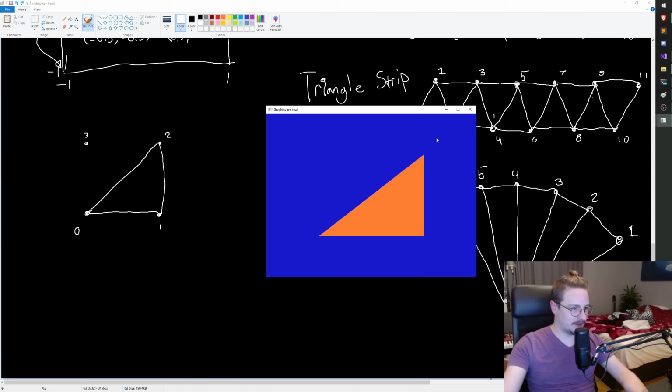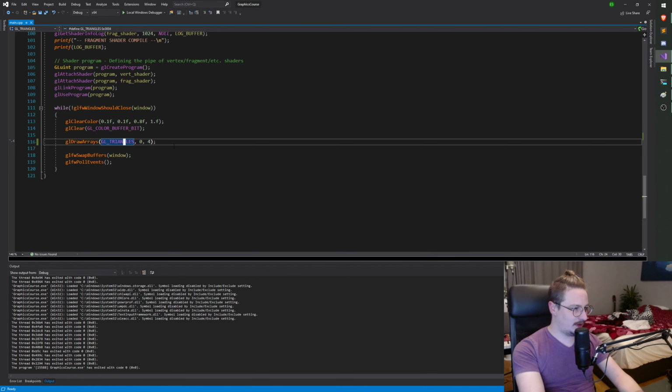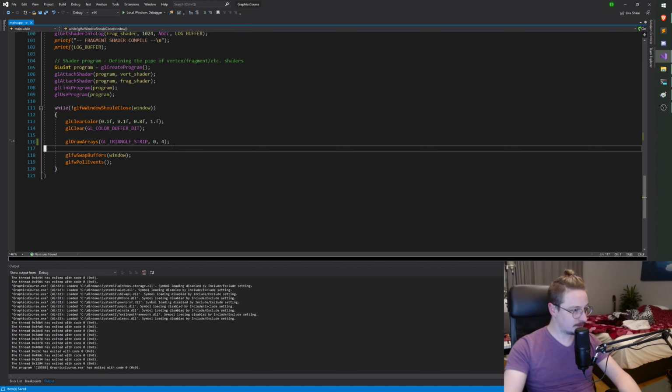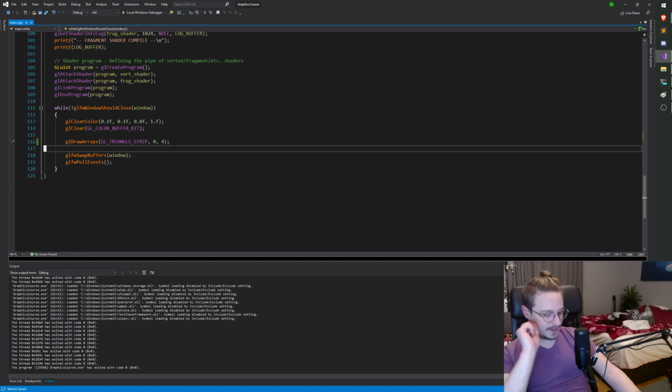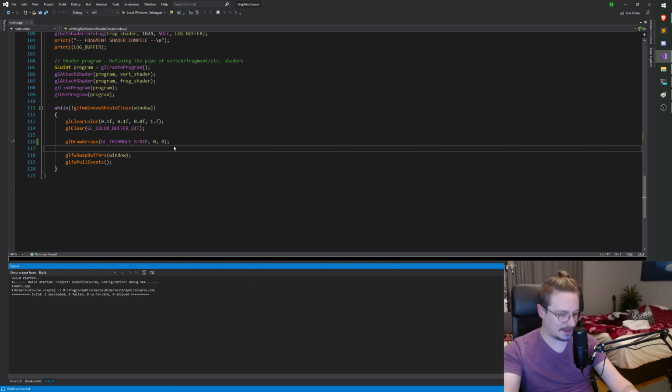Let's see what happens. I will do GL triangle strip. And again, I want you guys to predict out loud what this is going to look like. Is it going to be a square, a triangle, some other shape? Just make a guess and then let's see what happens. Try to run the algorithm in your head.